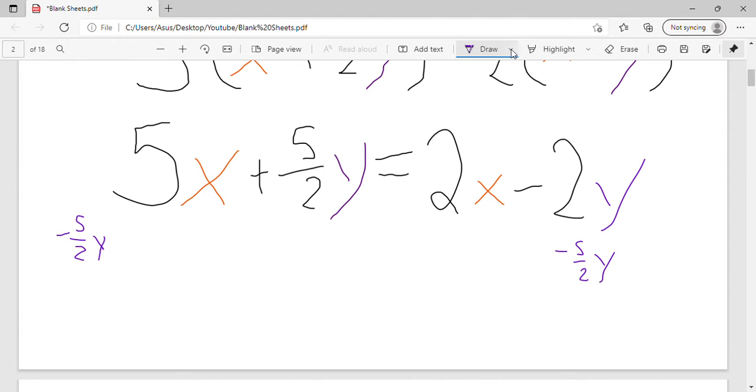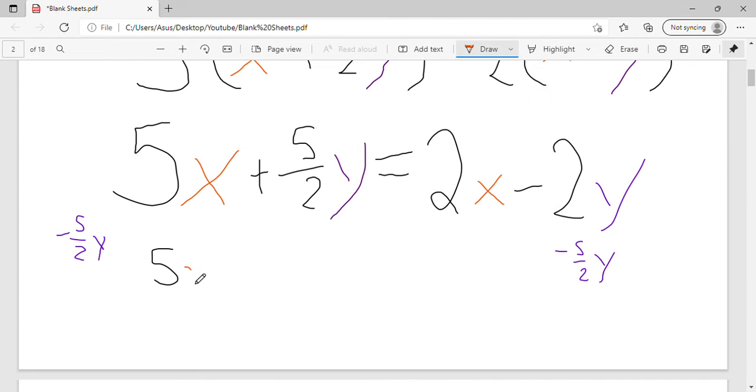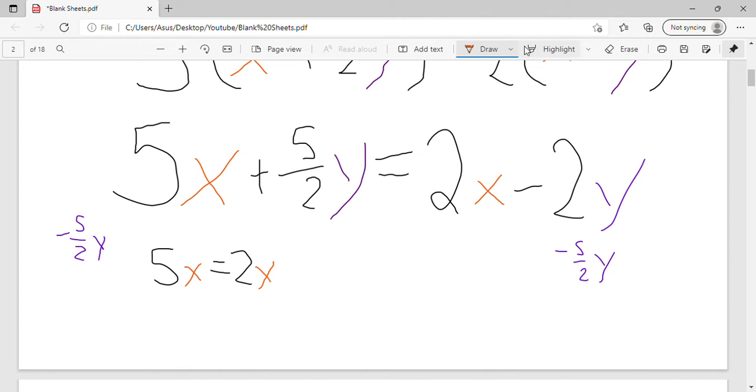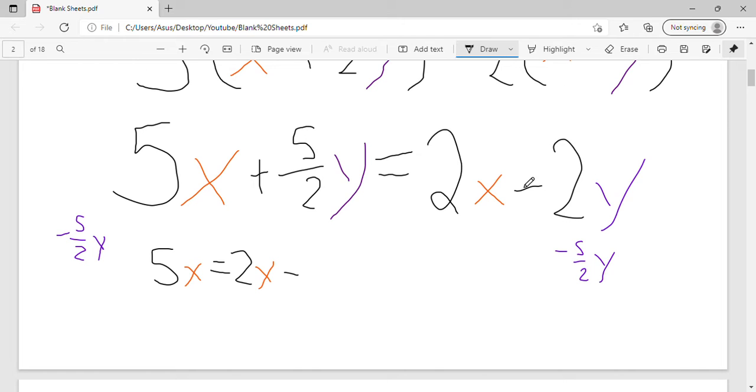So that's going to give us 5x all on its own equals 2x minus, so 2 plus 5 over 2, so 2 equals 4 over 2, so that's going to give us 9 over 2y.